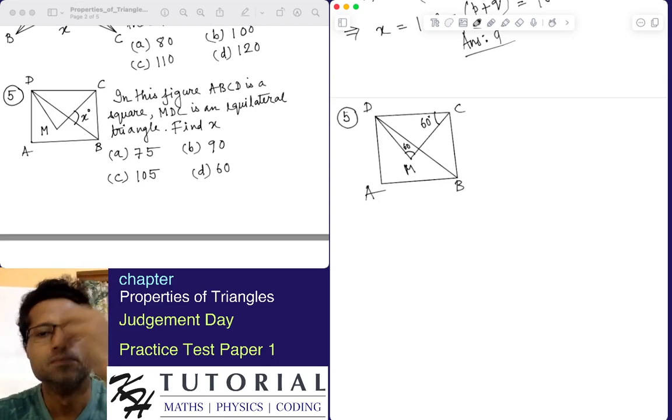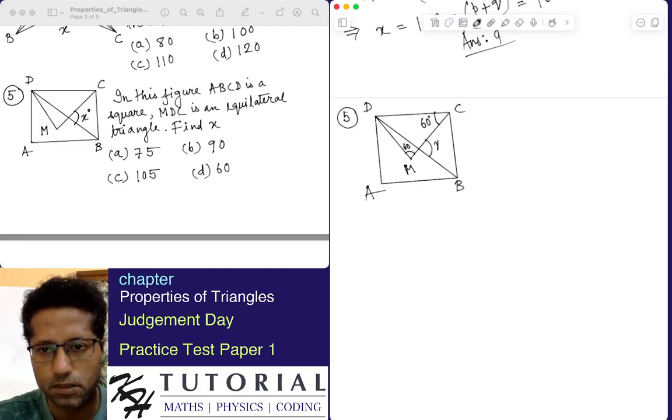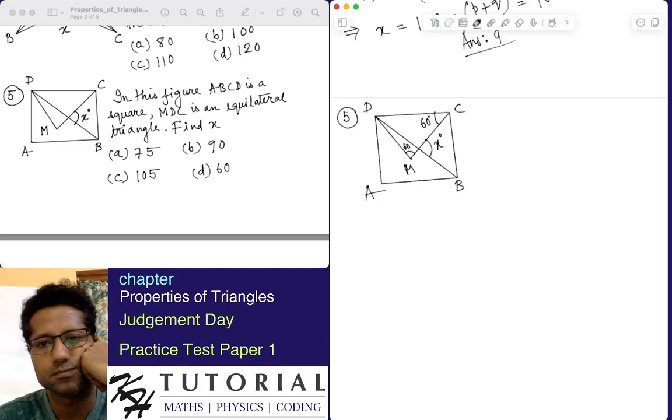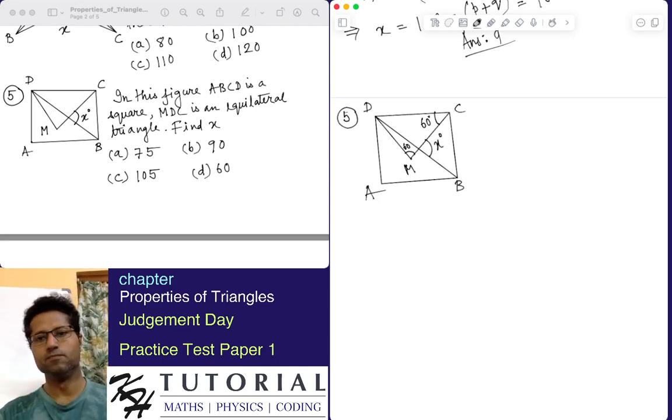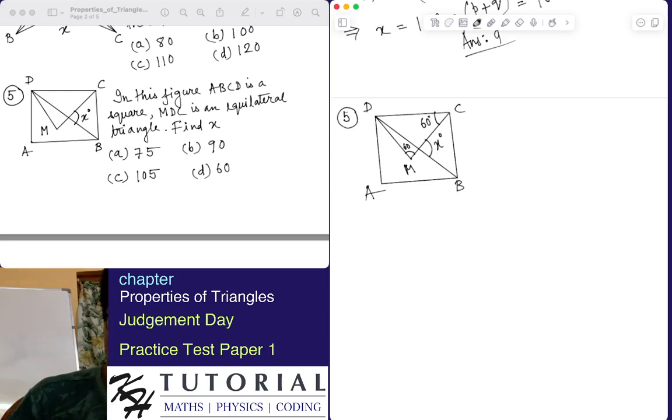What is asked? Find X. This is X. Now how can we get X? Let's try to apply the concept of exterior and interior opposite angles.